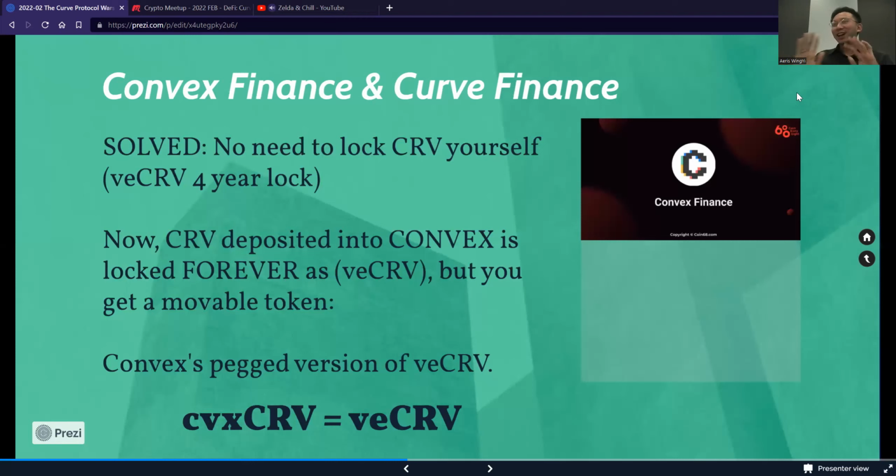I know it's a little confusing. It took me a while to really get this down. But the CVX CRV is movable now. Now it's sellable. The locked stake of the 4-year CRV is movable. You can sell it. It has a value. Okay.